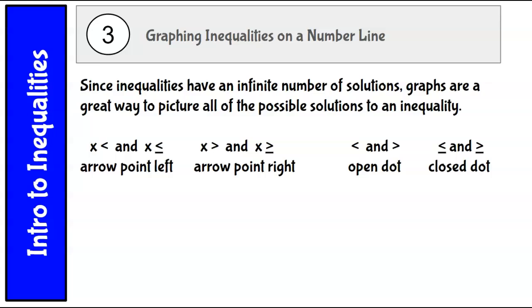If it's greater than, like in the middle here, where the inequality is pointing to the right, the arrow will go in the same direction that this is pointing, as long as the variable is on this side. It can't be on this side and have that rule be true. If it's less than or greater than, you put an open dot on the number, and if it's less than or equal to or greater than or equal to, you put a closed dot. So if it has this line under it, you put a closed dot on that number.